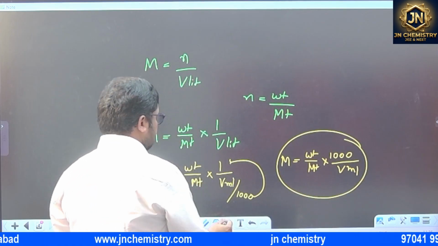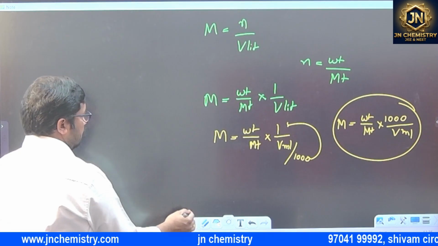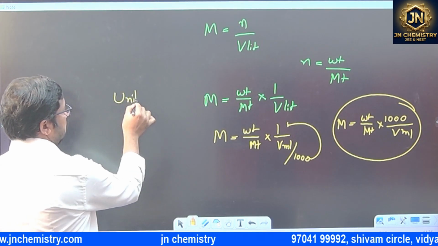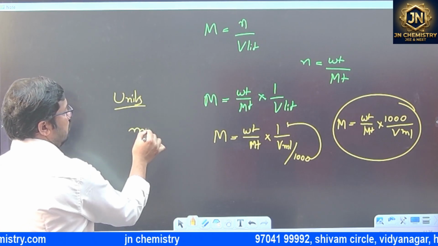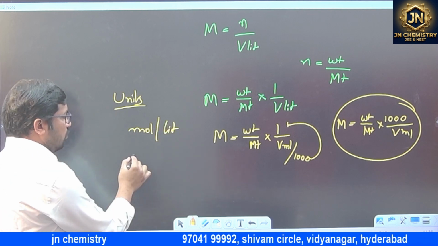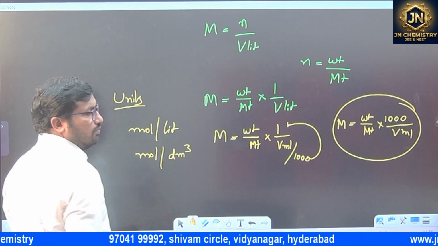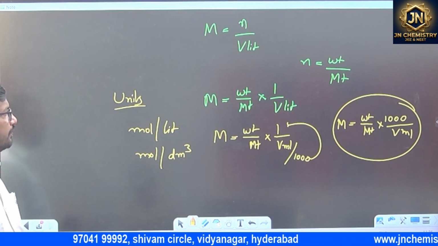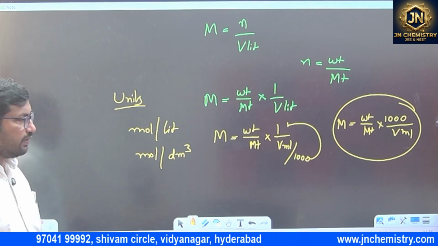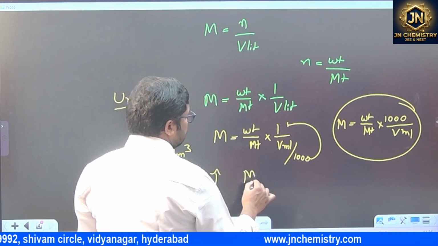What are the units for molarity? Mole per liter, or mole per dm cube. If I'm increasing the temperature, what about molarity?